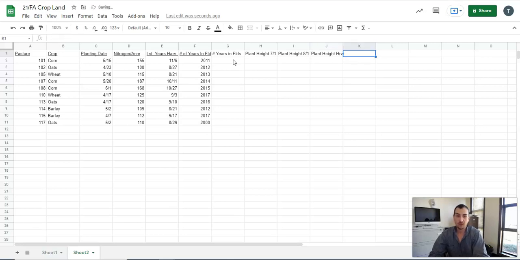And then next we're going to want to know what our average daily gain is up until July 1st. So we're going to look for average daily gain 7-1 or 7/1. So what is average daily gain? It's just how much that plant grew on average every single day up until July 1st. And then we're going to maybe want to know our average daily gain until August 1st.